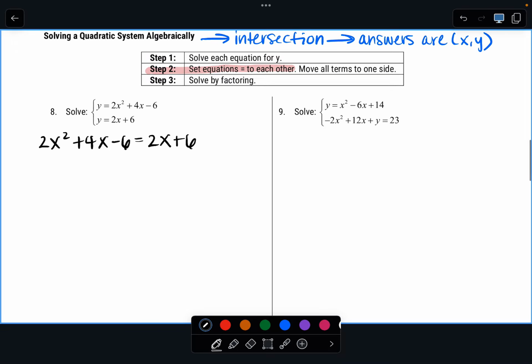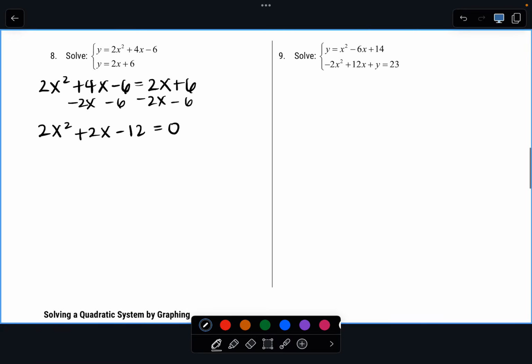So I'm going to subtract the 2x, I'm going to subtract 6, and I'm going to get 2x squared plus 2x minus 12 equals 0. Because positive 4 minus 2 is still positive 2. Negative 6 minus 6 is negative 12.